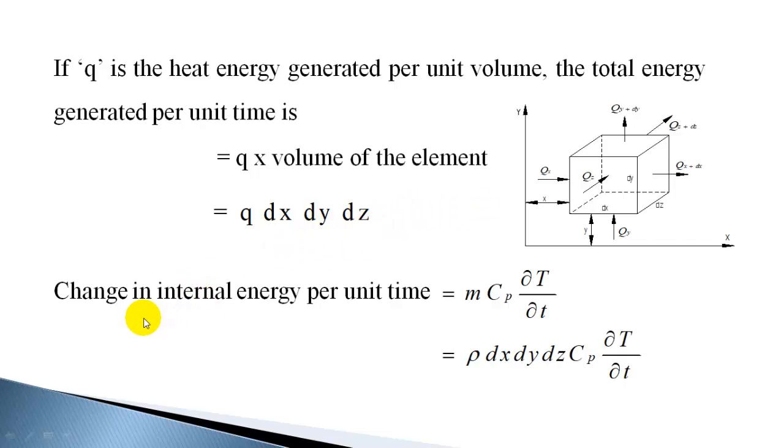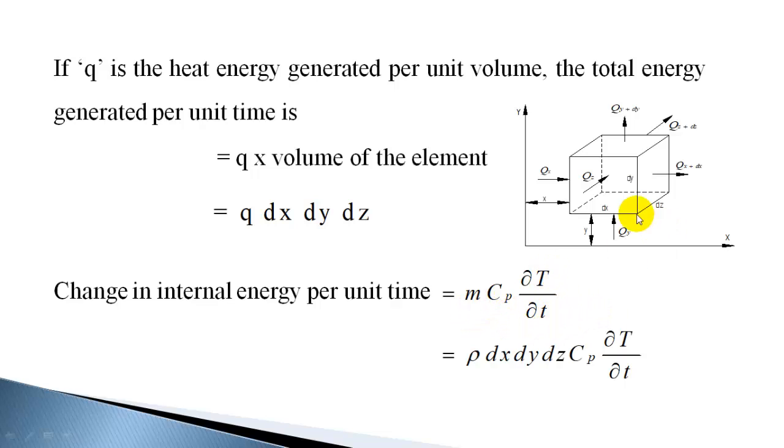Now the last term of the equation is change in internal energy per unit time. So the right hand side is change in internal energy per unit time. Change in internal energy you can calculate as m Cp into del T by del t. Again the partial derivative is used because temperature is varying with respect to time and also with respect to spatial coordinates. So m Cp into del T by del t.